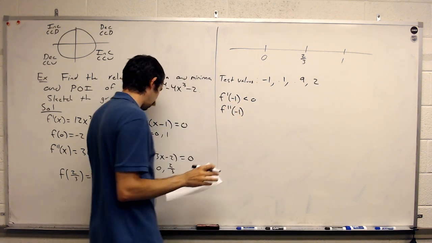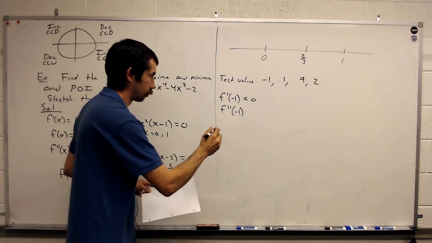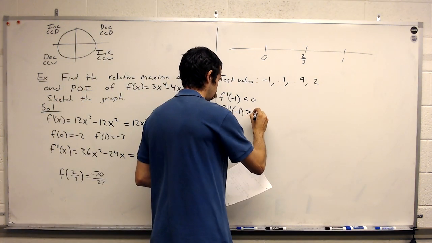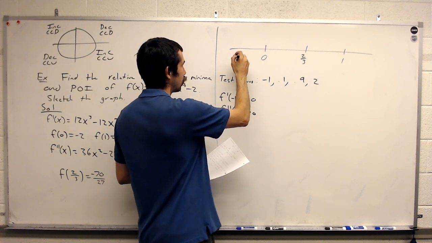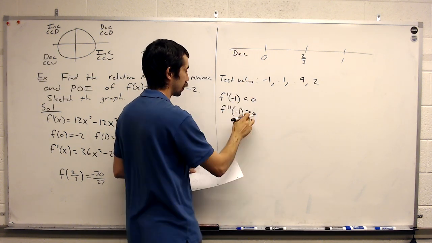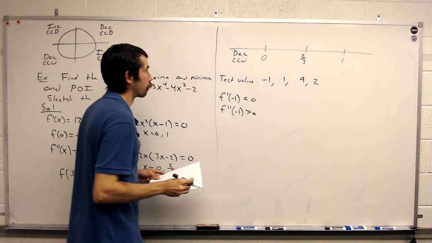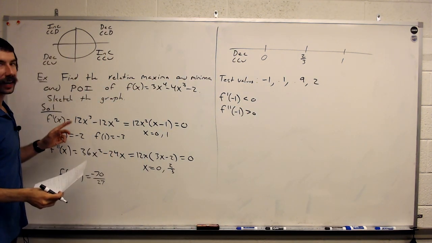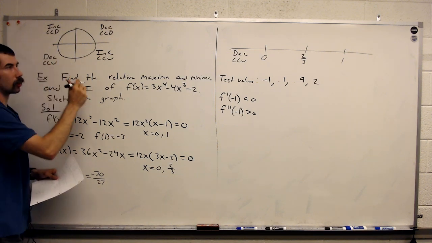F double prime of -1. That's a negative times a negative. All right, so on this section, we are decreasing and concave up. What does decreasing and concave up look like? It looks like this section of the circle.